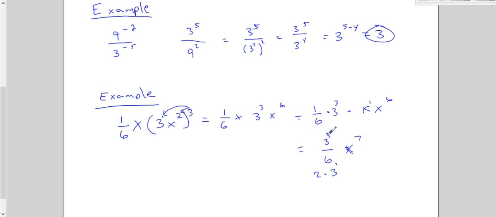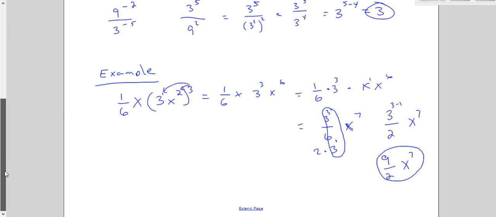So if I take this part of it, that's like 3 to the 3 minus 1 over the 2, and then times x to the 7th, and 3 minus 1 is 2, so 3 squared, or 9, over 2 times x to the 7th. And that would be my answer to that problem.